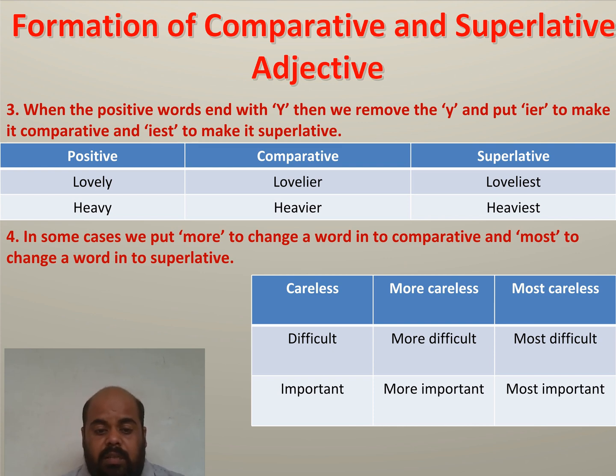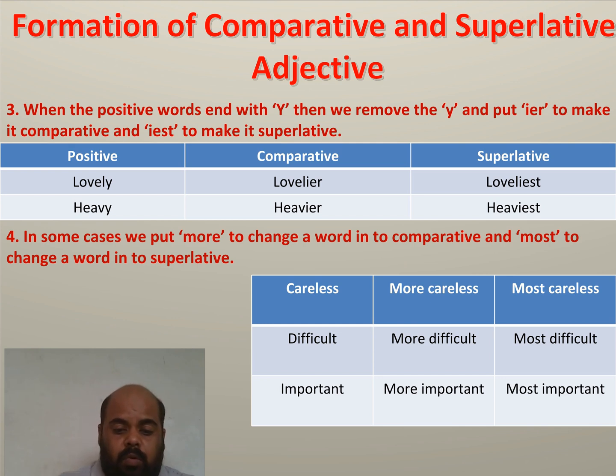Lovely is a word which ends with y, and in the comparative form I have removed the y and put ier, and in the superlative form we put iest. So remember, if the word ends with y, we remove the y and put ier to make it comparative, and iest to make it superlative. Same thing with heavy, heavier, heaviest.